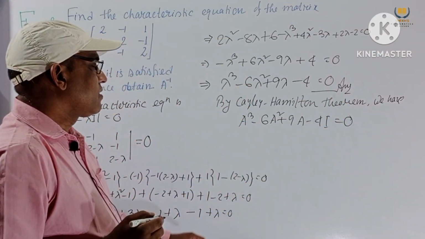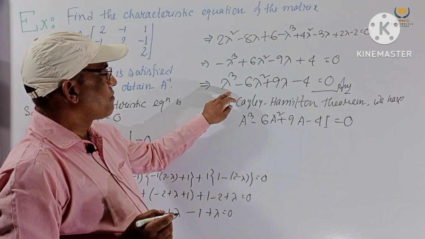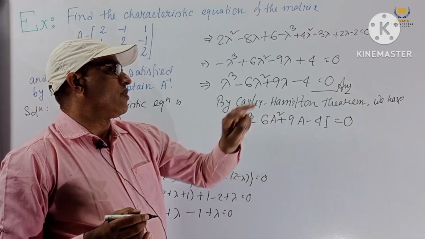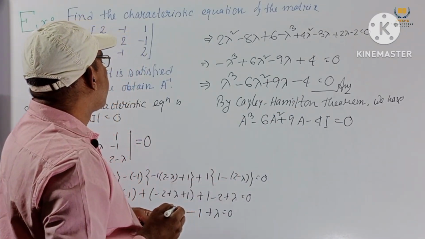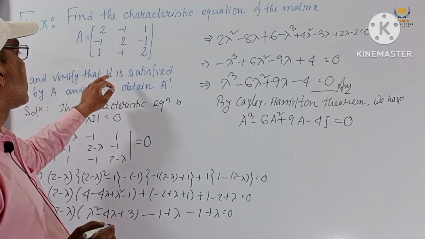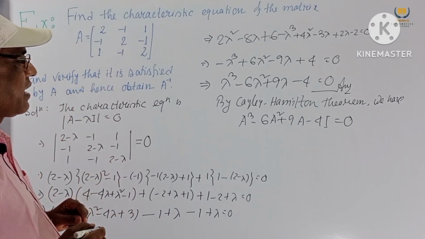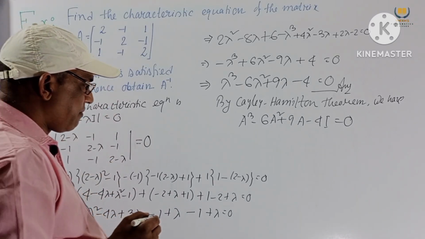Just putting lambda equal to A, we get the right hand side zero. This is the Cayley-Hamilton theorem. Now we verify that it is satisfied by A.